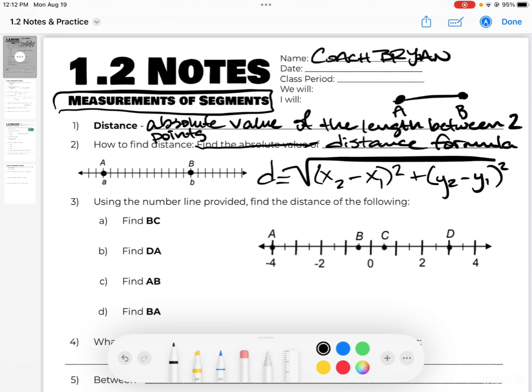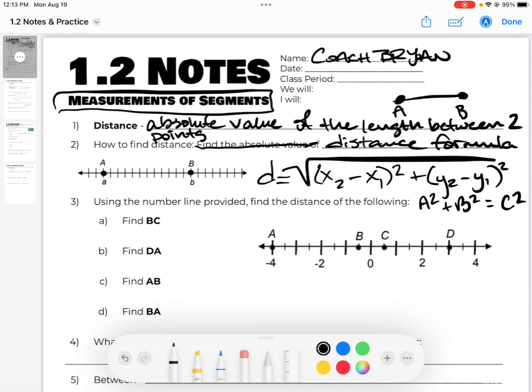And that comes from the Pythagorean theorem, which is how to find the hypotenuse of a right triangle. If you remember that from old math classes, a squared plus b squared equals c squared. This is what the distance formula comes from.